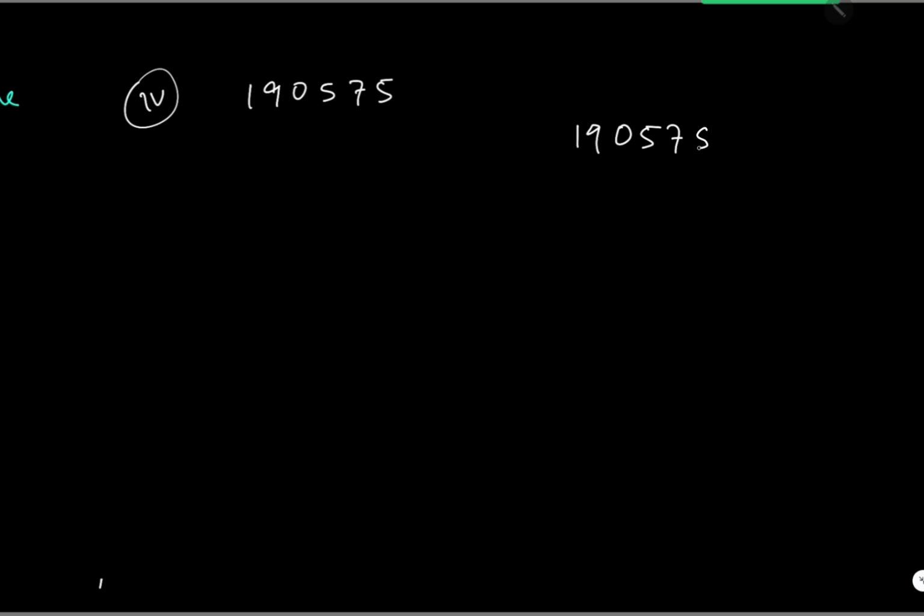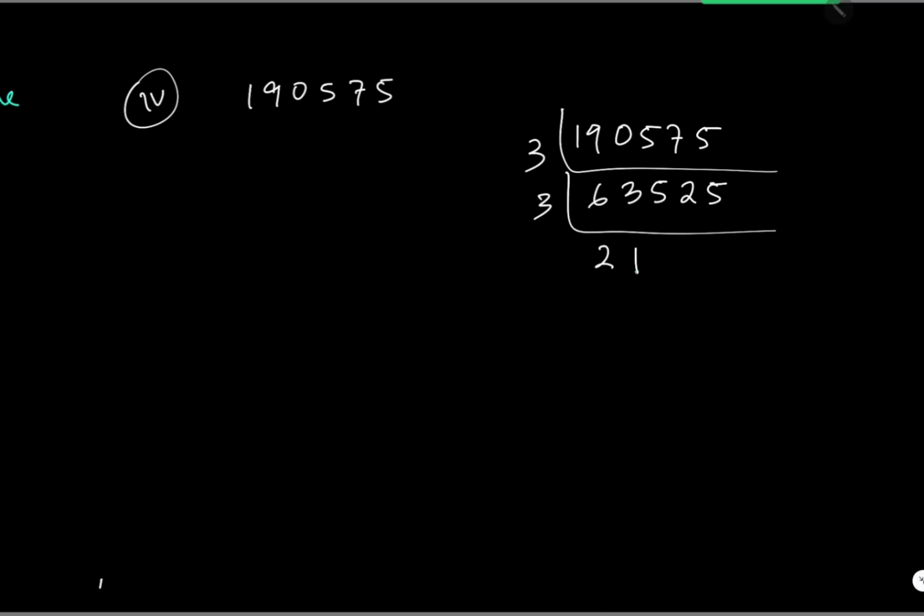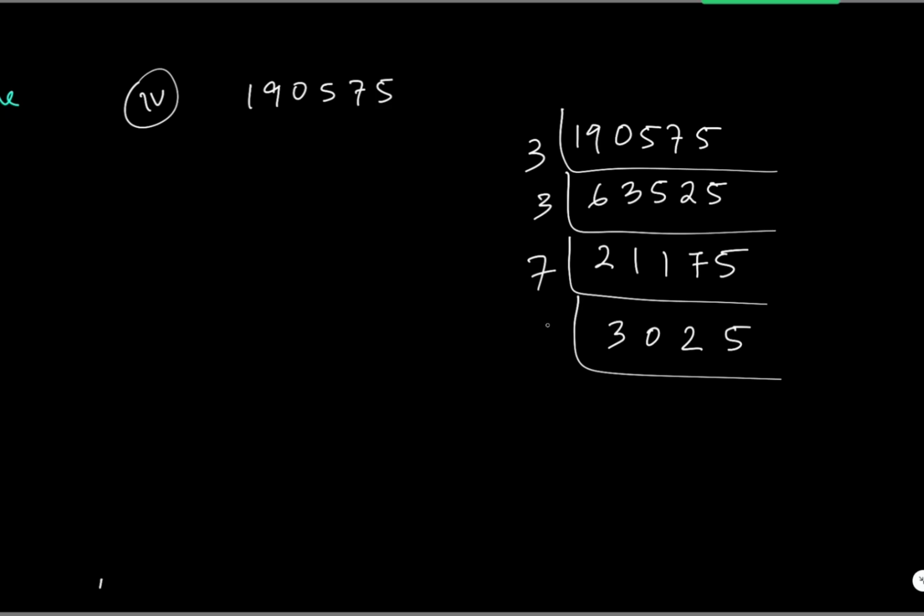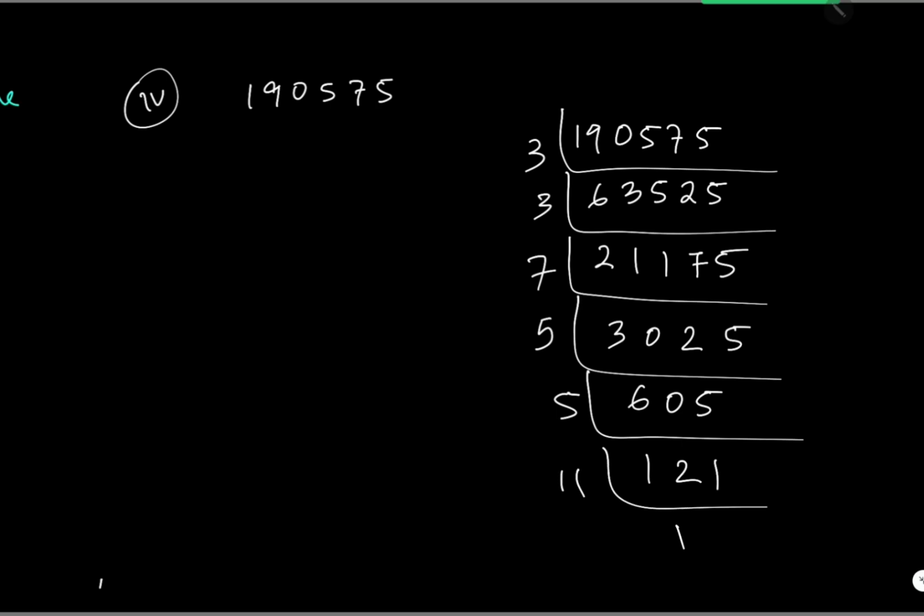Let us find the prime factorization of this number. 3, 6, 18, 3 3s are 9, 15, 3 2s are 6, 15, 3 2s are 6, 1, 1, 7, 5, 7 times 3, 21, 7 times 2, 14, 7 times 5, 35, take 5, 5 times 6, 30, 0, 5, 5, 1, 2, 1, and then 11 square.